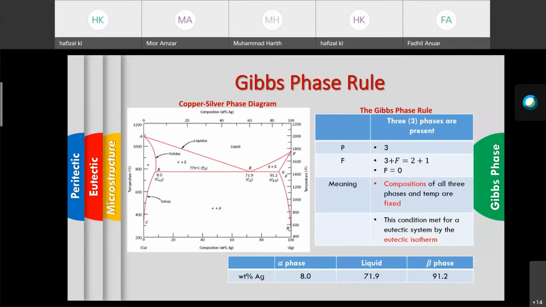This is the meaning of F equal to 0, whereby the line is here. From there we need to apply the lever rule to calculate the value of the composition, and also we can get it in terms of percentage.